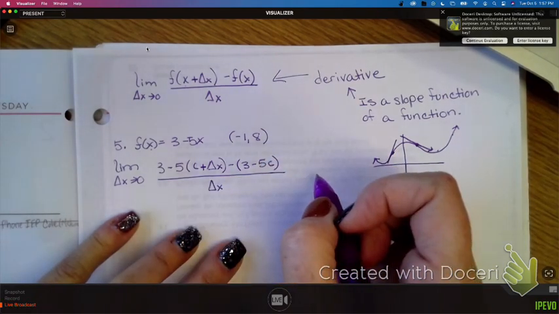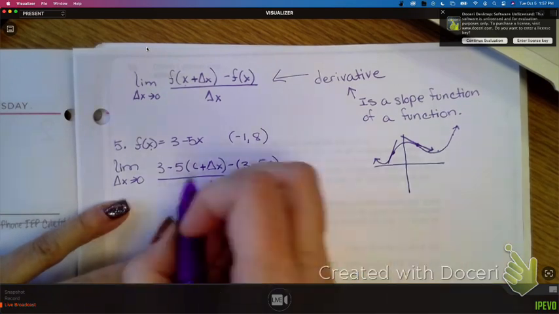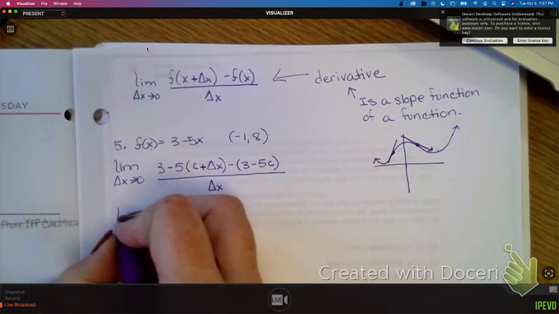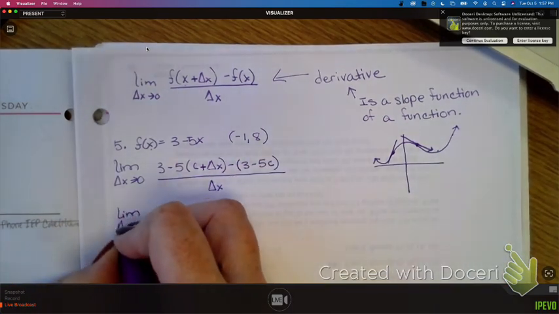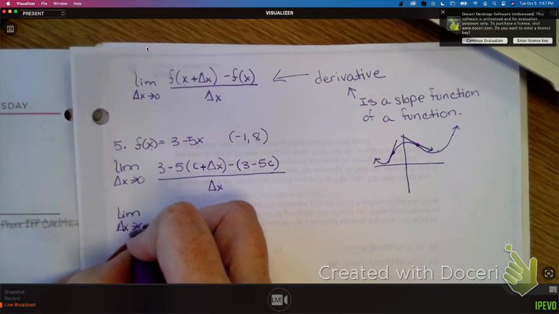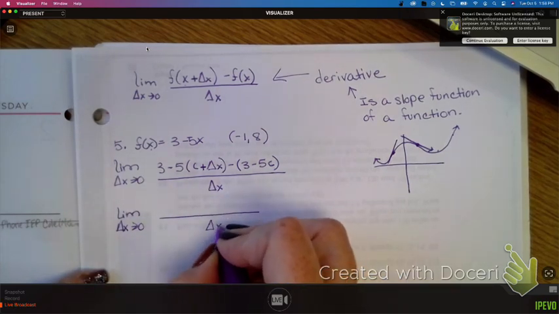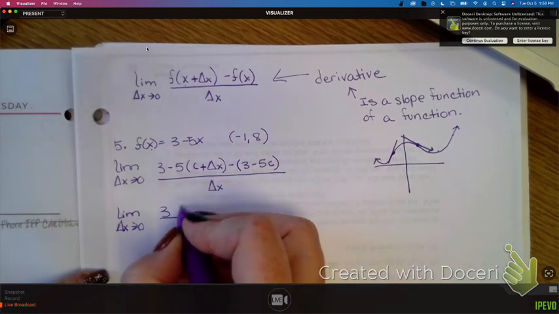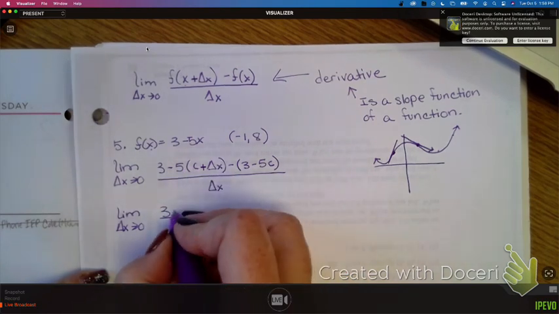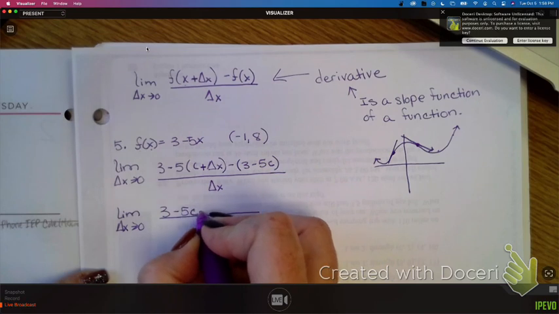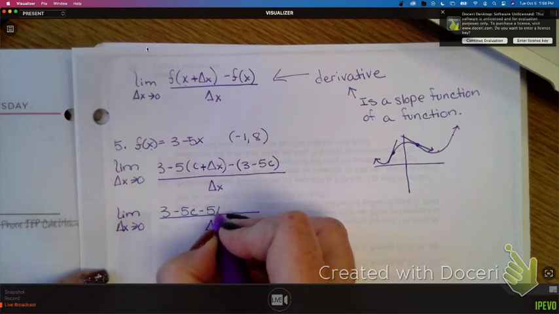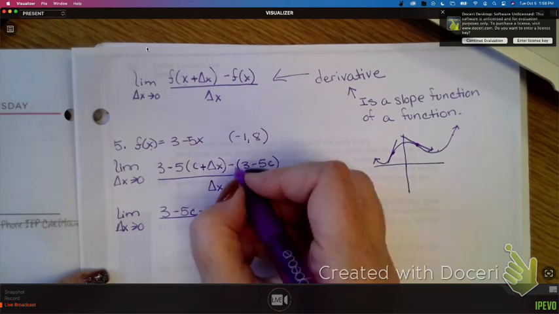Okay, so now I'm just doing the math. I bring my limit down because I haven't done it yet. It's over the change of x. So 3, distribute my -5, distribute my -1.